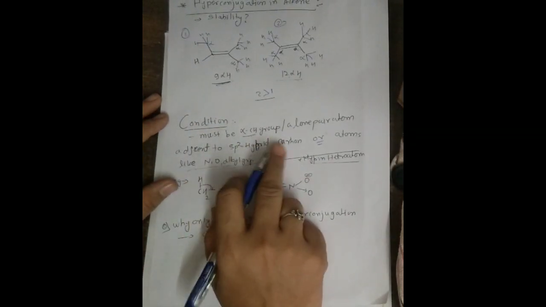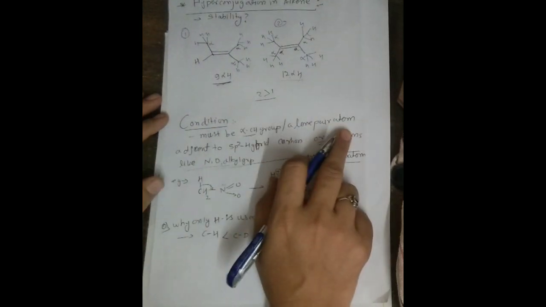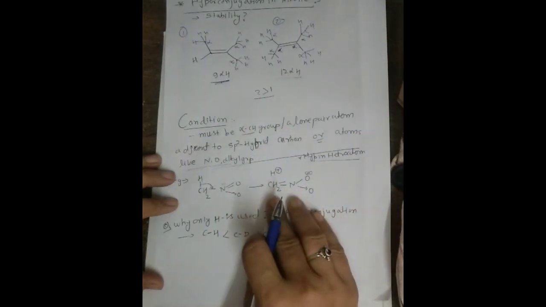Now the condition for hyperconjugation is there must be an alpha CH group or a lone pair of atoms adjacent to an sp2 hybrid carbon, or an atom like nitrogen, oxygen, or an alkyl group. Means if a heteroatom is attached to this system, there should be formation of sp2 carbon after the hyperconjugation effect.